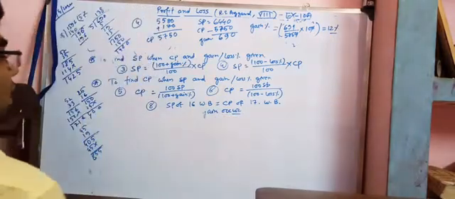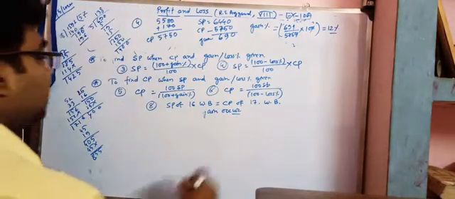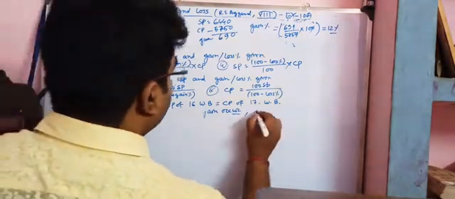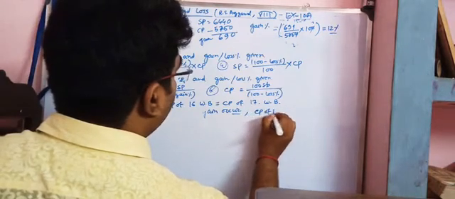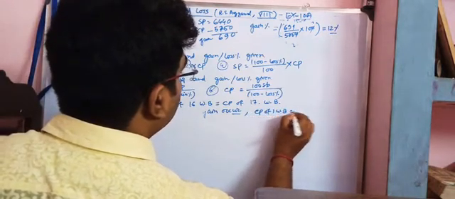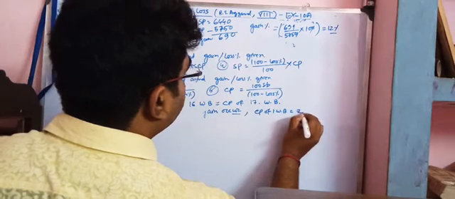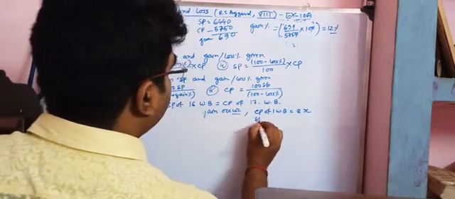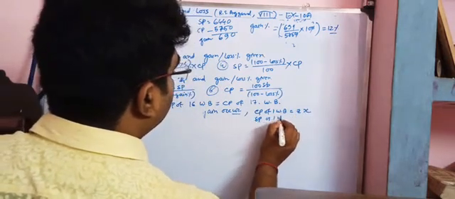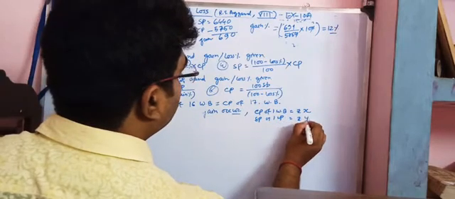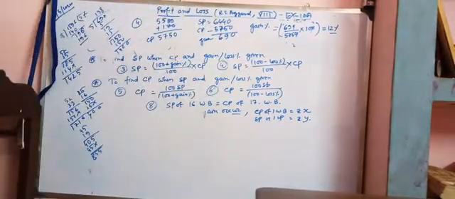Okay. Now suppose we let that CP of one water bottle is rupees X and SP of one water bottle is rupees Y. Okay.